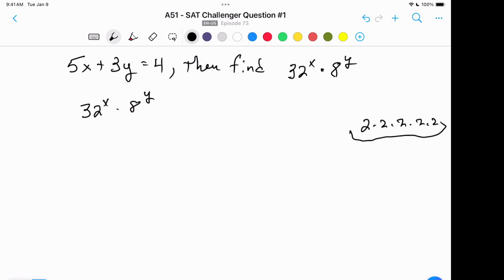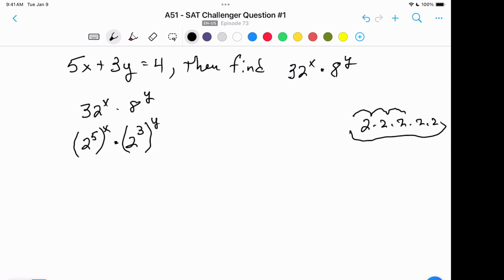So it's 5 of them, so it becomes 2 to the 5th power, and this is all taken to the exponent of x. Now, the next part is 8. 8 is a little bit easier because it's only 2 times 2 times 2, 3 of them. So it becomes 2 to the 3rd power, and this is all to the exponent of y.